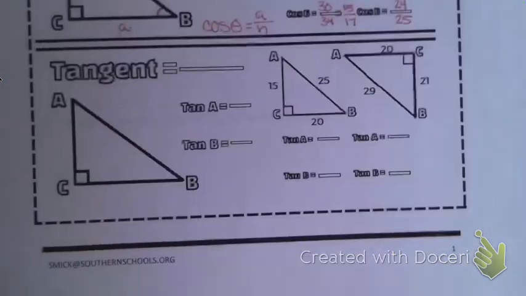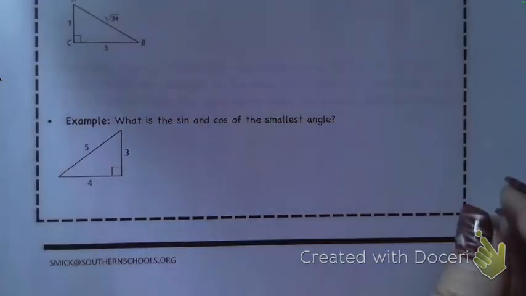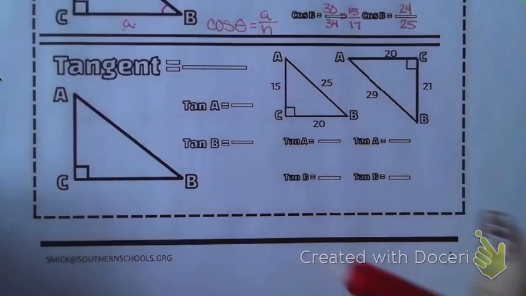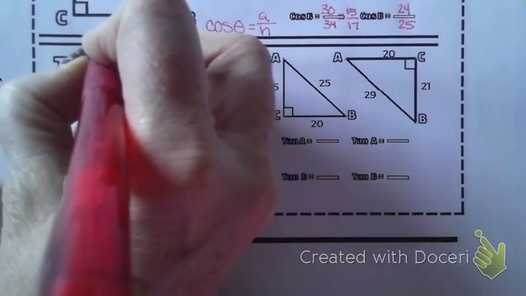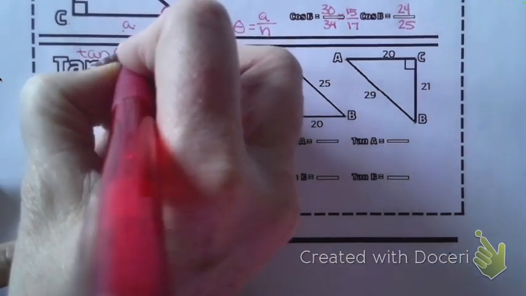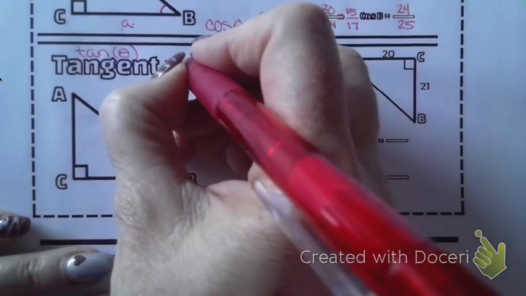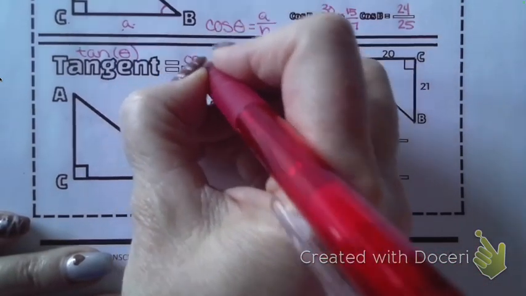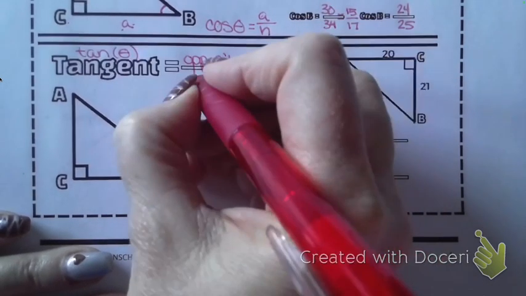Okay, so tangent. This is the last thing we're going to do today. So tangent is just tan of theta, which is opposite over adjacent.